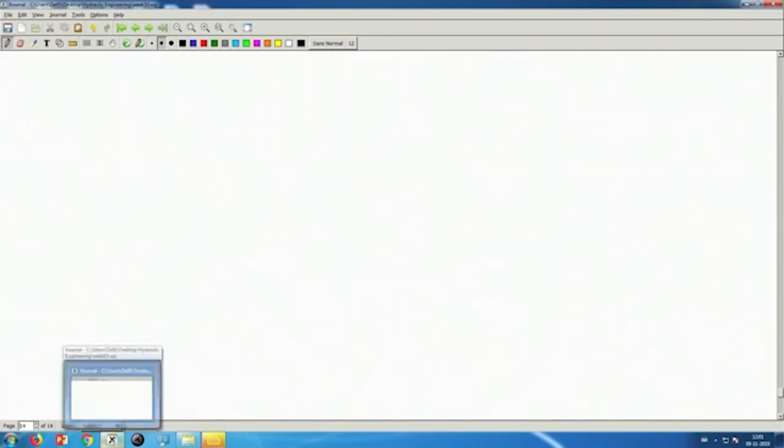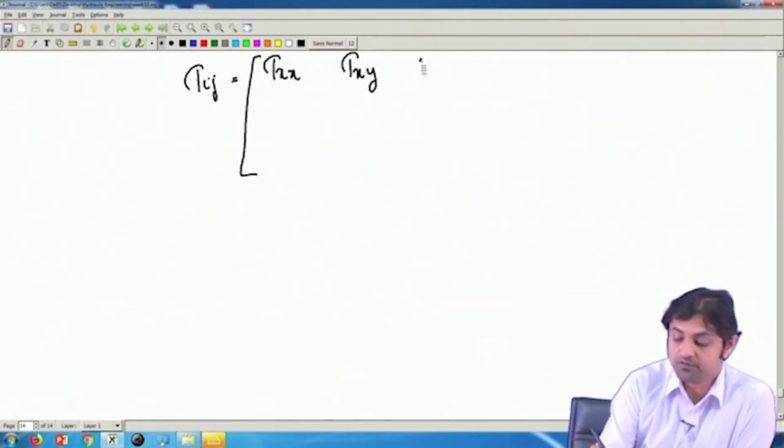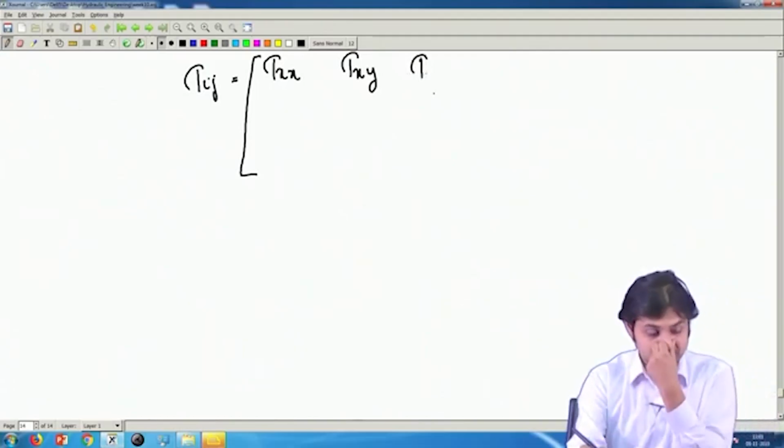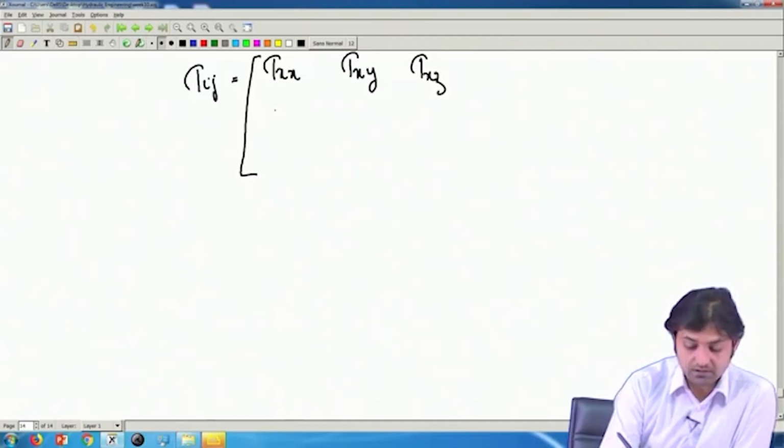So we need to write down, we actually have written down tau ij in that figure, but I will write it down. Tau xx... You remember this similar type of tensor we had formed for strain in the last two lectures, 2 lectures before.